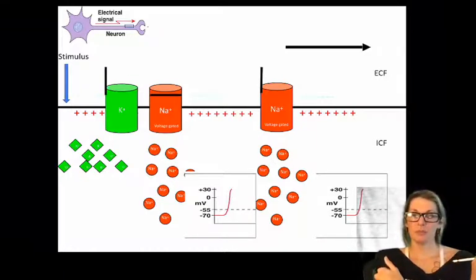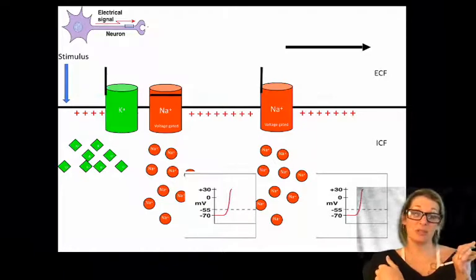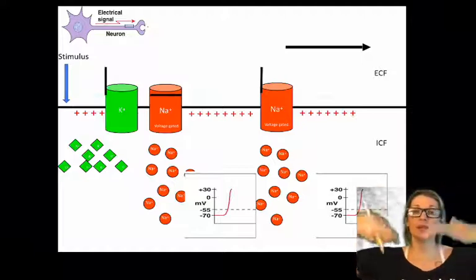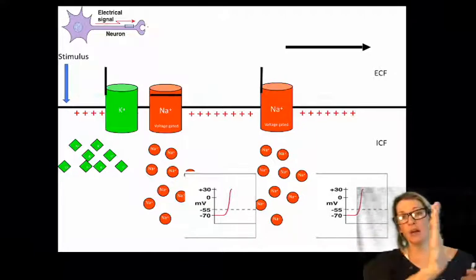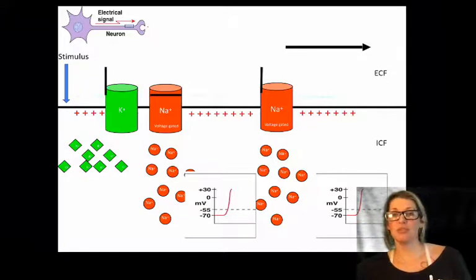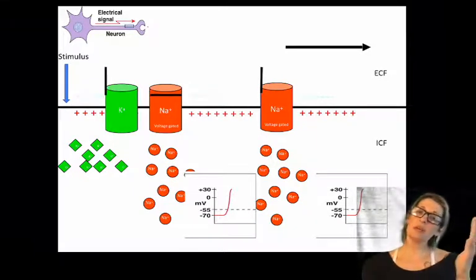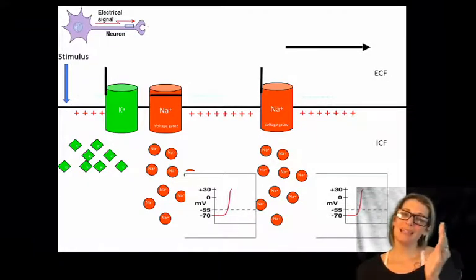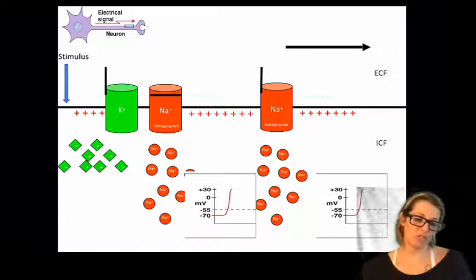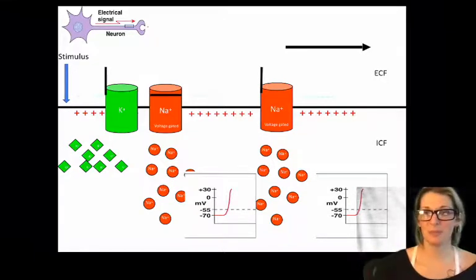Behind them, the response of the potassium channels is slower. So we've already got a flood of sodium coming in. We've already got that wave of depolarization moving down the axon, and a little bit slower coming along behind the wave of depolarization, we have potassium channels opening.